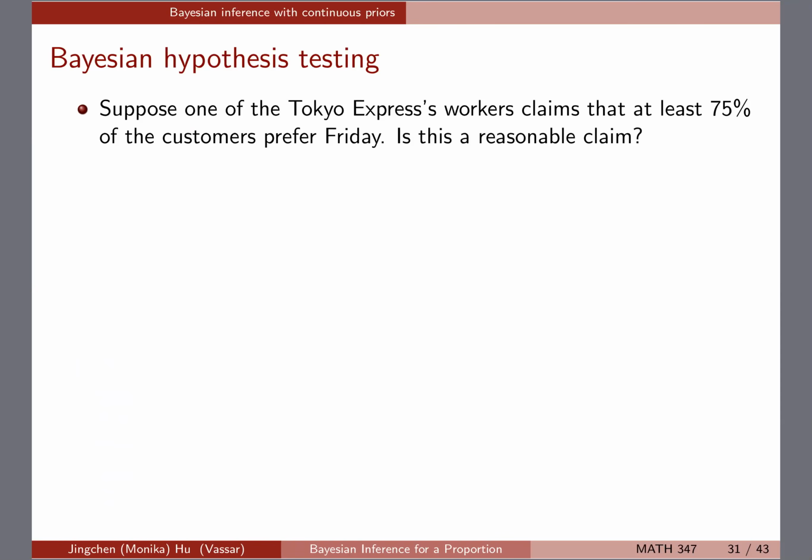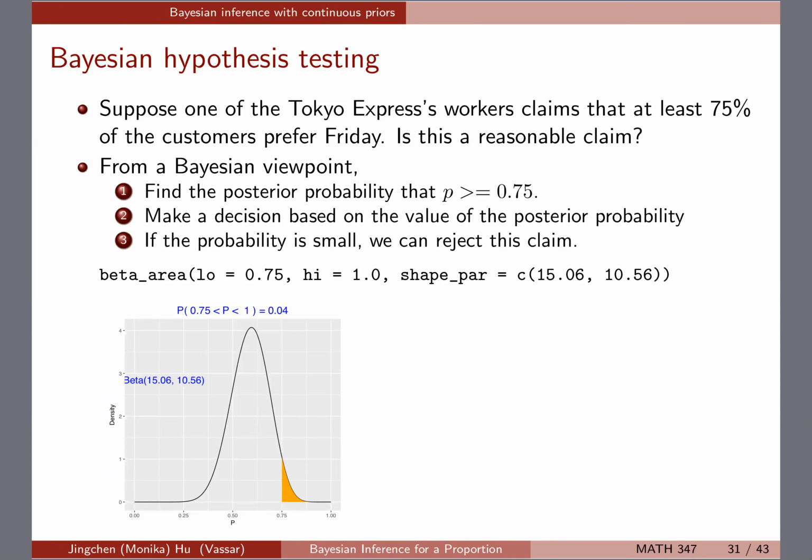We're going to compute the posterior probability of this unknown parameter p being at least 75%. What I shared last time was a beta_area function in the TeachBase package. If you use it, it automatically generates a graph for you, so you know the area shaded in yellow is what we're computing.